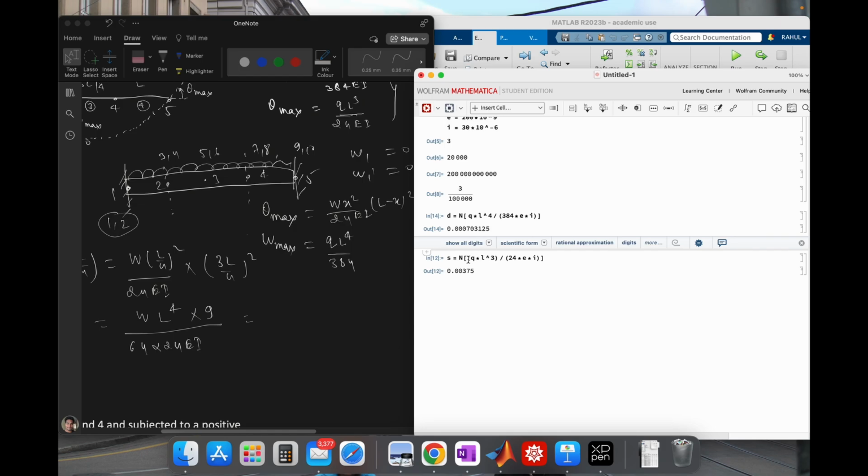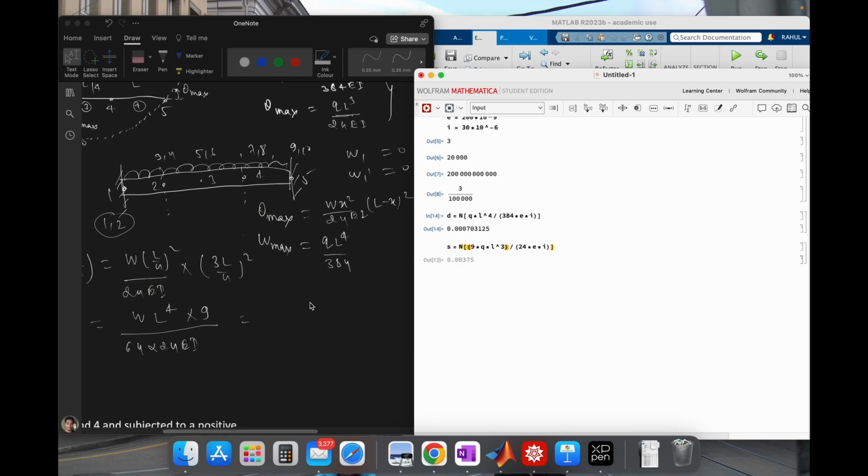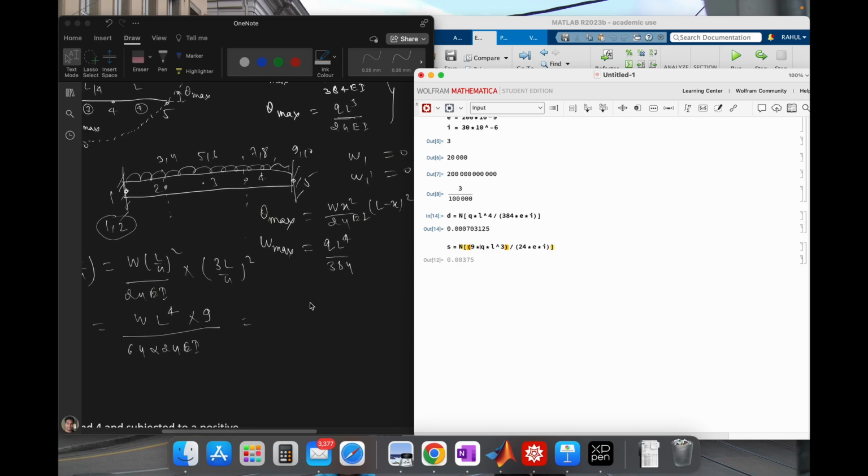That is 9 times Q L raised to the power... it should be x only. I think it's not correct. The slope should be of power 3 only.